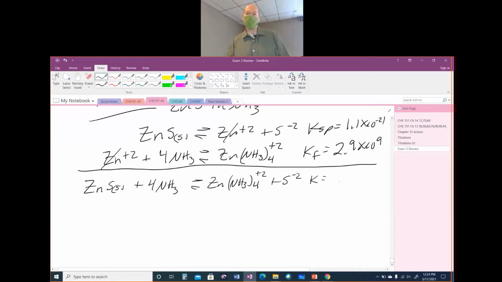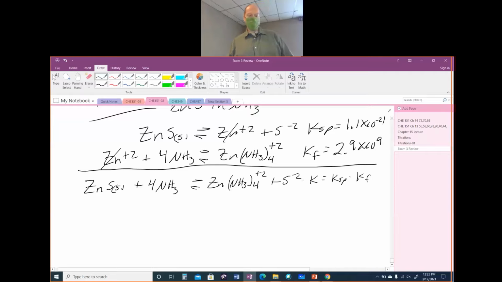And the K value for this is going to be the multiplication of your KSP and your KF. So it is going to be about 3 times 10 to the minus 12. So 1.1 times 10 to the minus 21 times 2.9 times 10 to the 9th.